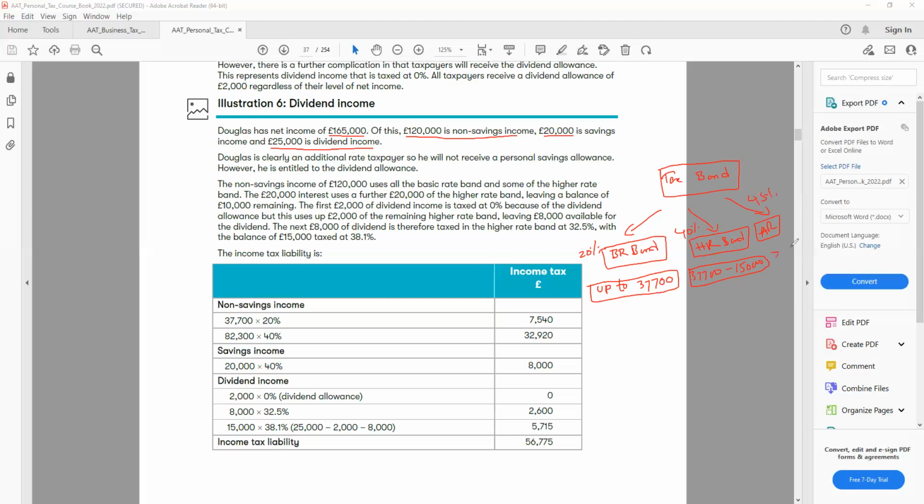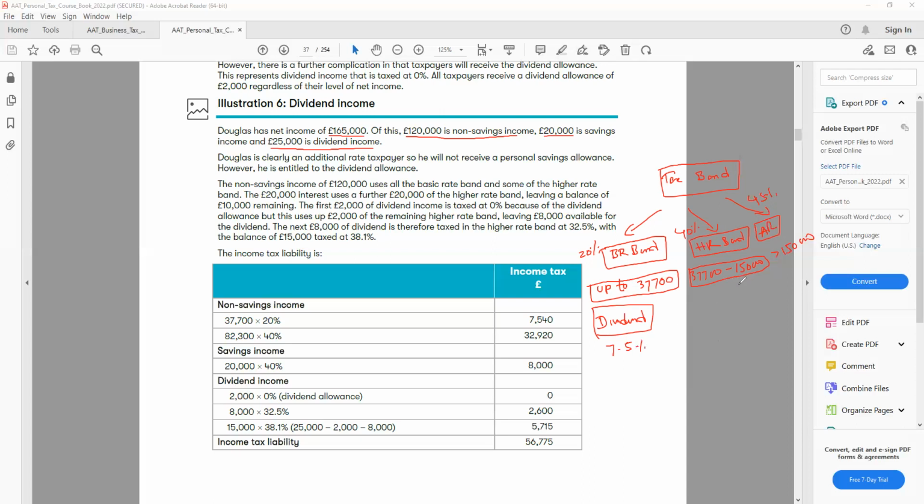If it is more than 150,000. But the treatment is a little bit different for the dividend. So if it is a dividend, if I'm a basic rate taxpayer, the dividend rate will be 7.5%.